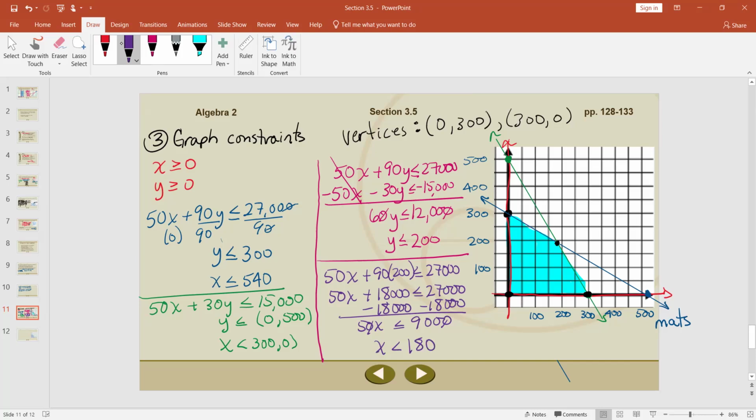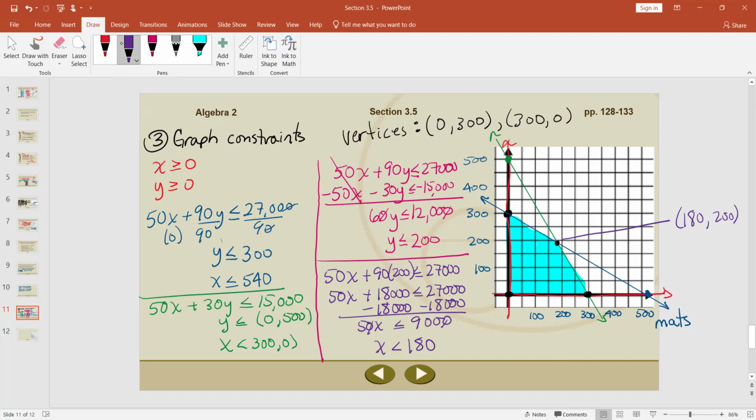All right, so that means that this point right here is, hopefully you could see it, 180, 200. That's such a mess. I'll just put it off to the side. Right there, 180, 200.